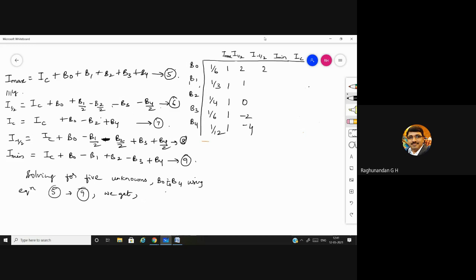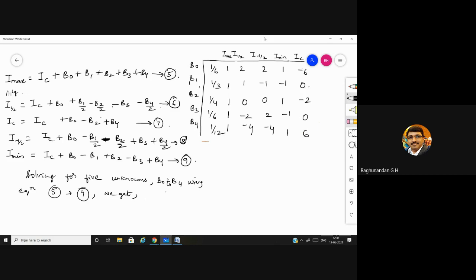For this one, 2, minus 1, 0, 2, minus 4, 1, minus 1, 1, minus 1, 1, minus 6, 0, minus 2, 0, 6. This is the table.